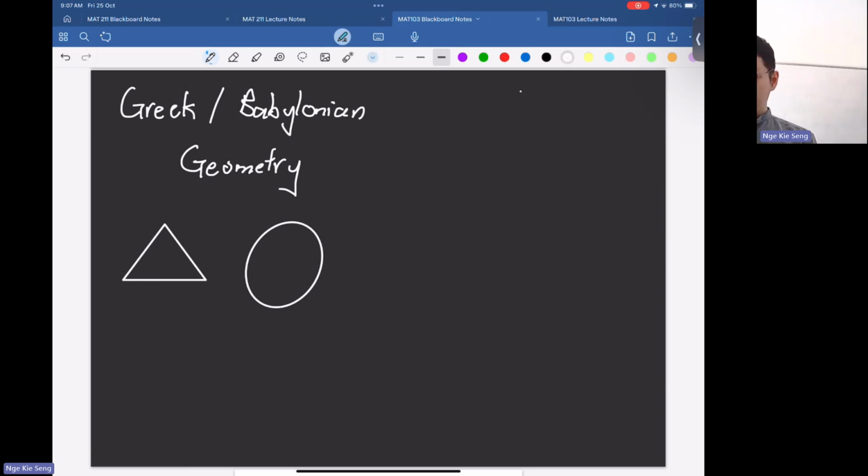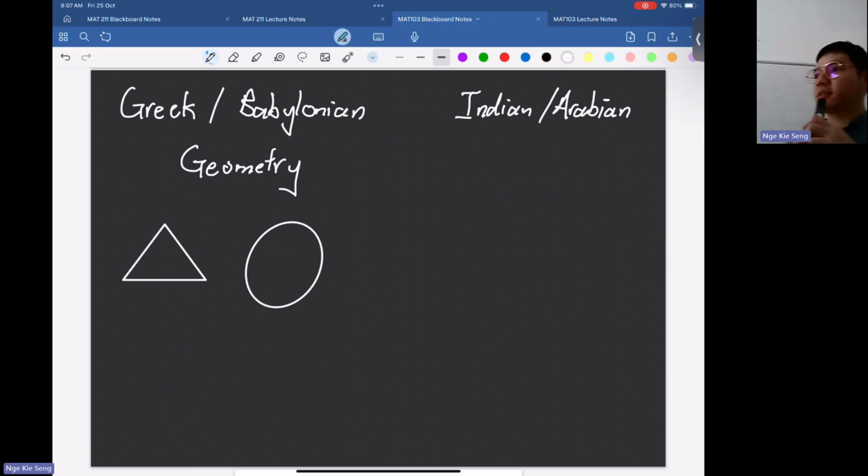On the other hand, we have the Indians or Arabians. Arabian maths was quite advanced at one time, right? Because for now, what numerals are you using? You are using Arabic numerals. You know what Arabic numerals are? One, two, three, four.